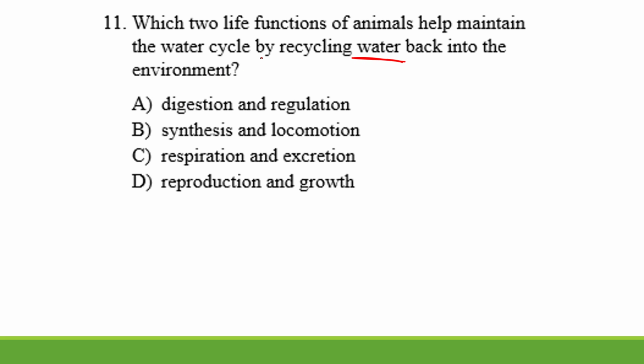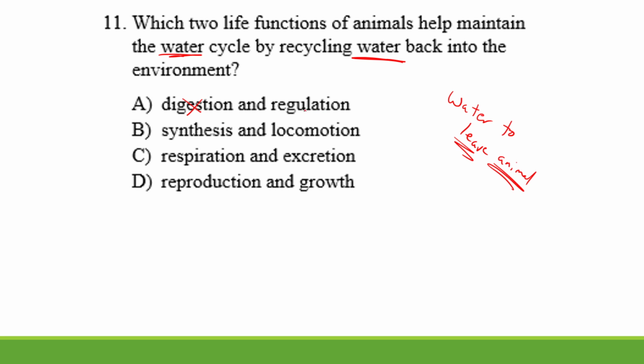We're focusing really on water here, and we want water to leave the animal. So we're looking for which two of these things are going to have water leaving the animal. Digestion is more about getting nutrients into the animal, so it won't be that one.